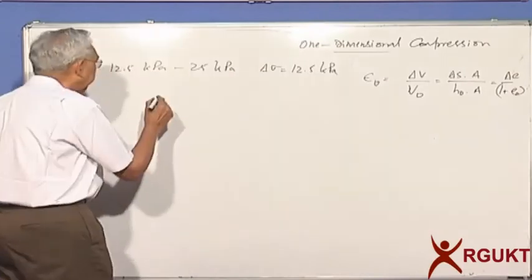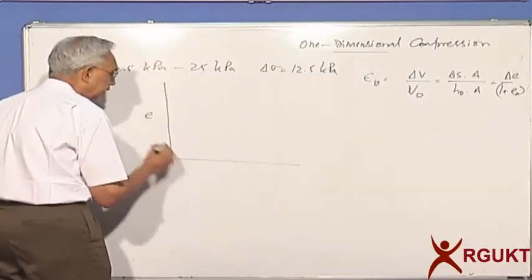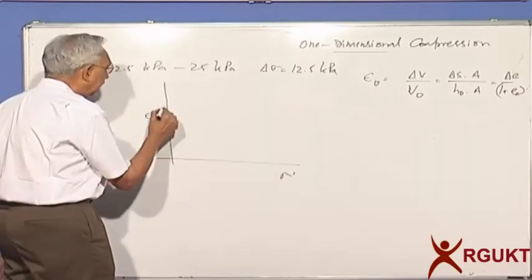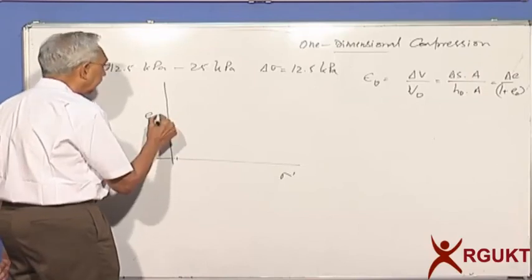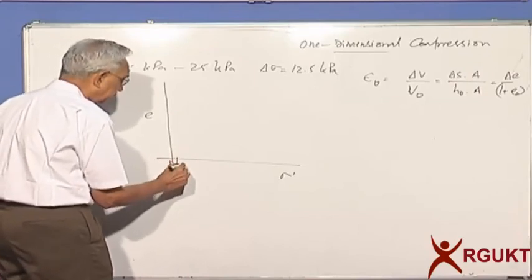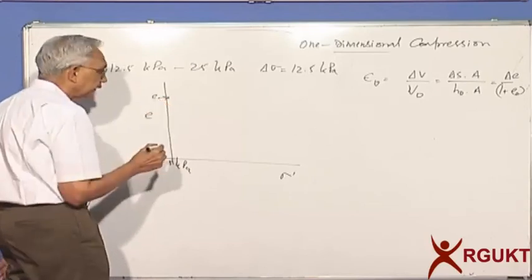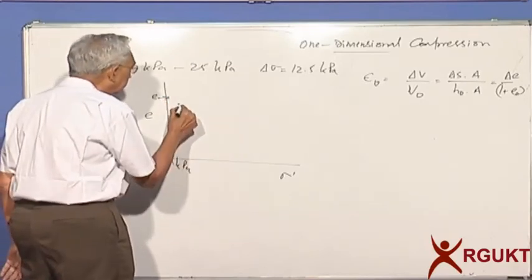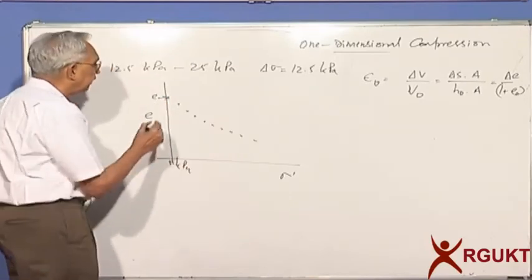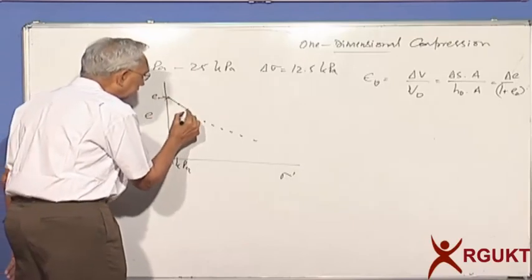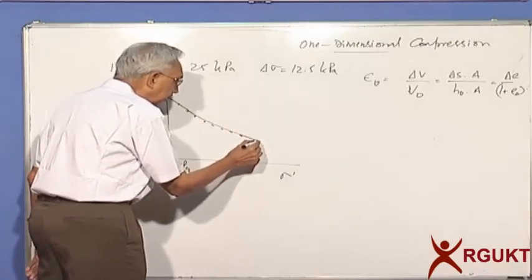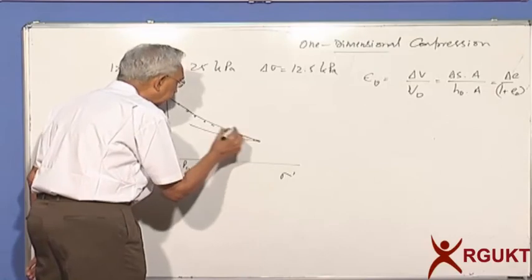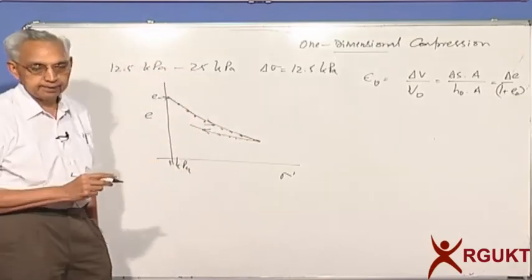So, what we do here is E versus sigma, at a seating load of, let's say, something like 5 kPa, I have E naught, and then as you increase the load, you get different points and you get a curve here, and when you unload, you find that you get a much flatter curve.